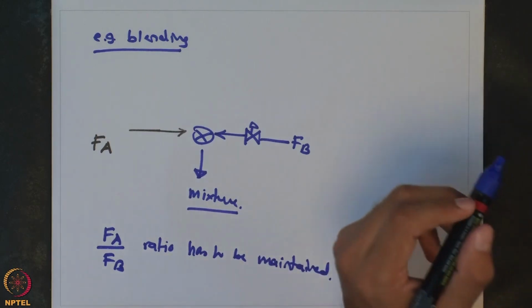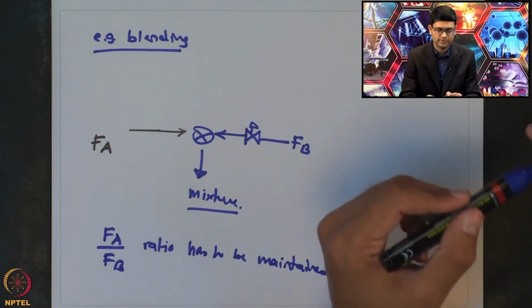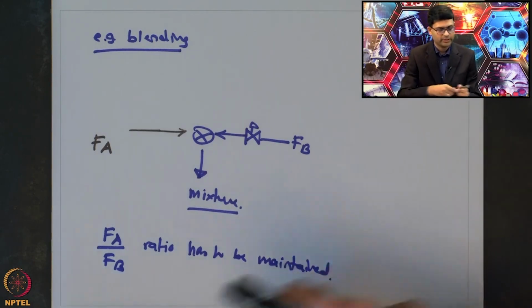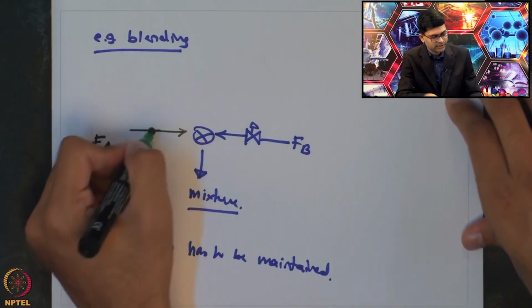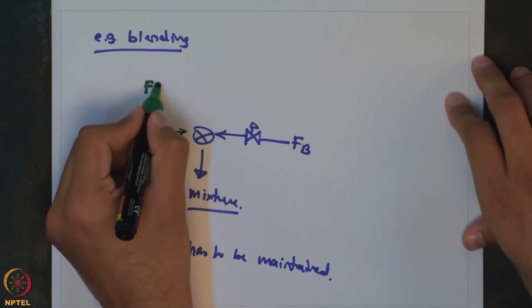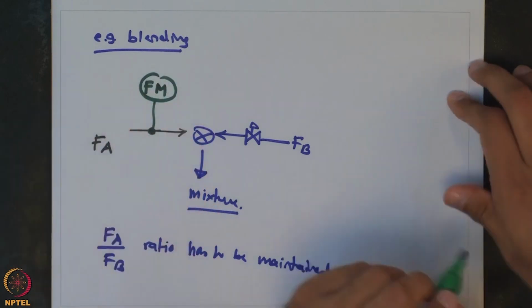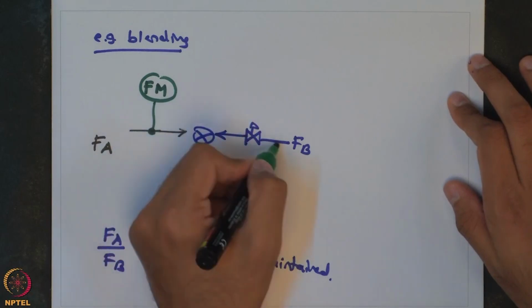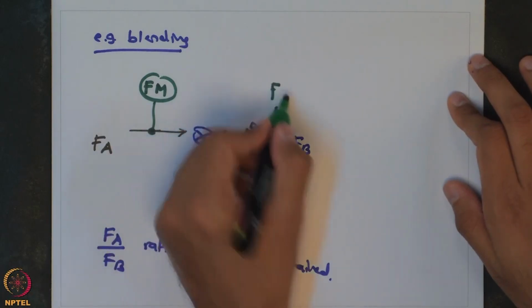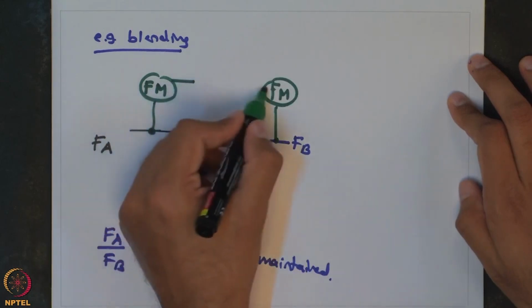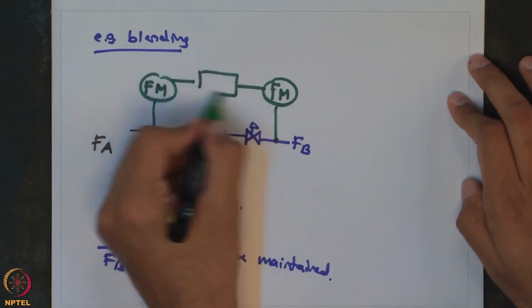This can be done in two ways. The straightforward way is you can measure the instantaneous value of FA, which is a flow measurement. You can also measure the flow of FB coming in, and you have what is known as a division operator.